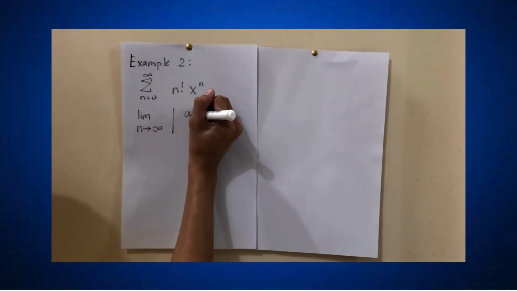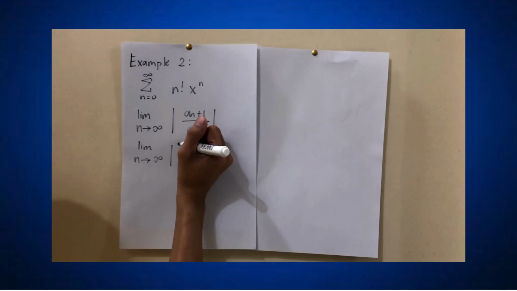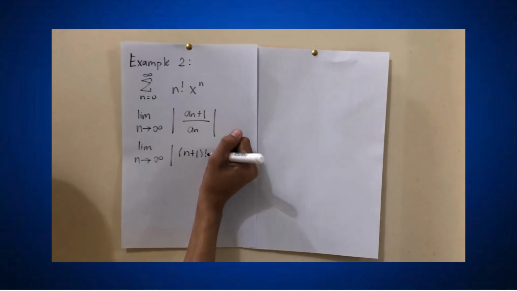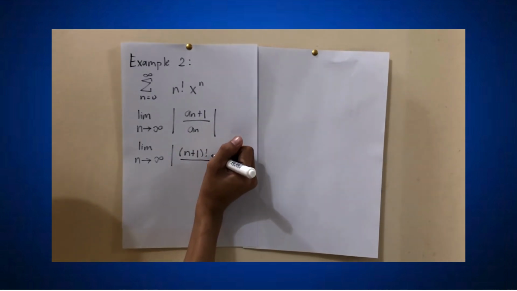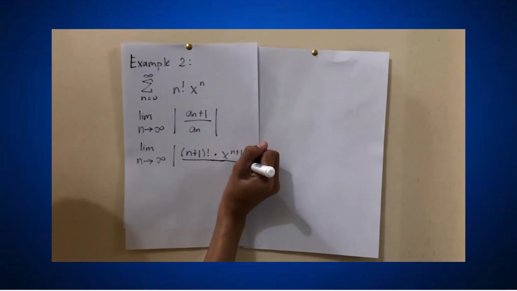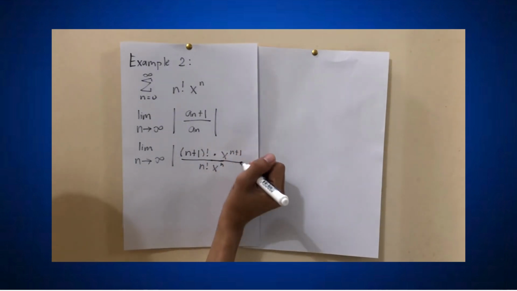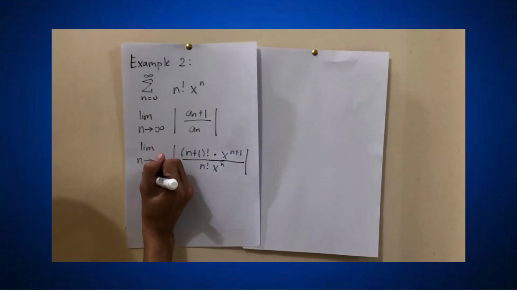We have a sub n plus 1 over a sub n. Then we substitute the original given. We will come up with the quantity of n plus 1 factorial times x raised to n plus 1 over n factorial times x raised to n.